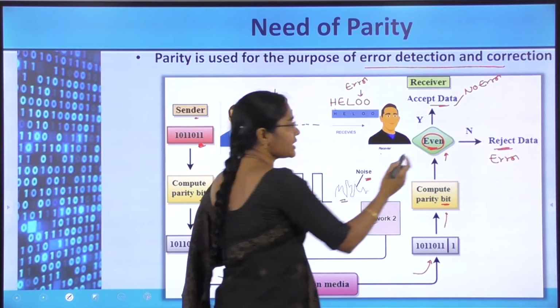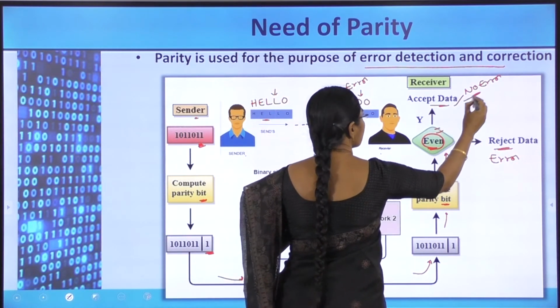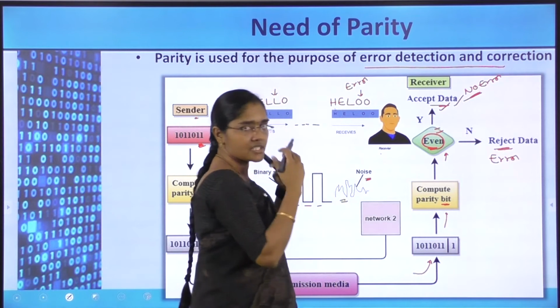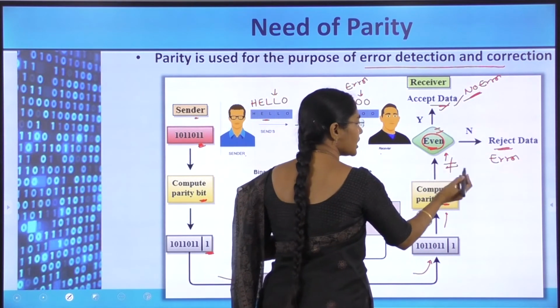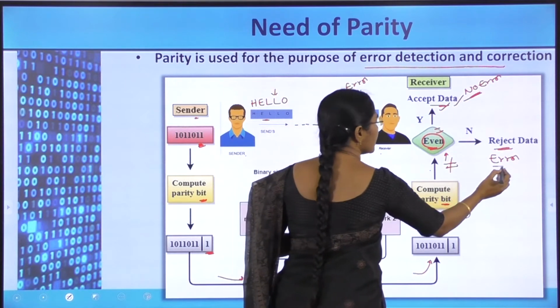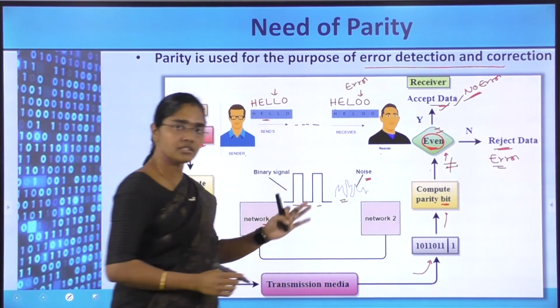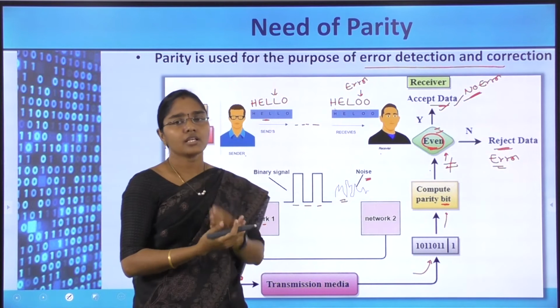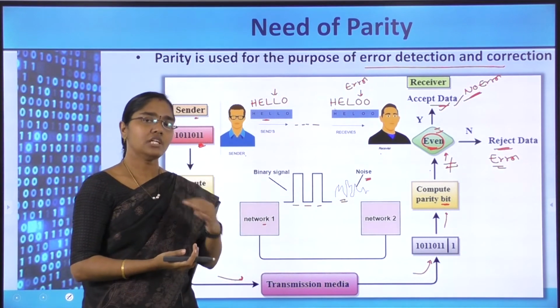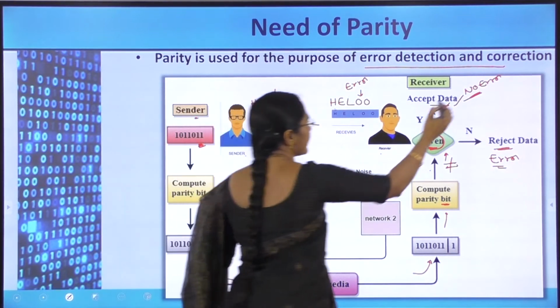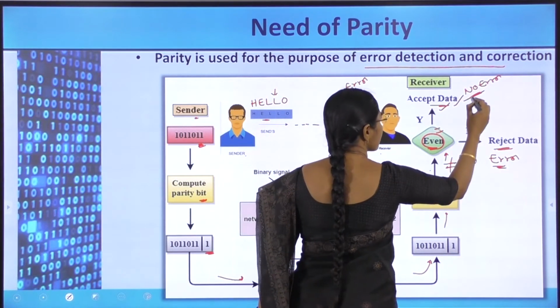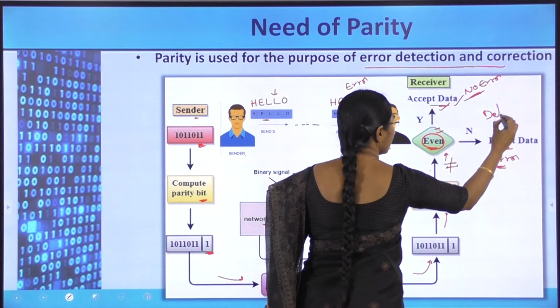If both parities are equal, then that is nothing but no error, so the data will be accepted as it is. And if the parity is not equal between the sending and receiving, then it means that there is an error in the received data, so the data is rejected or a resend is requested.